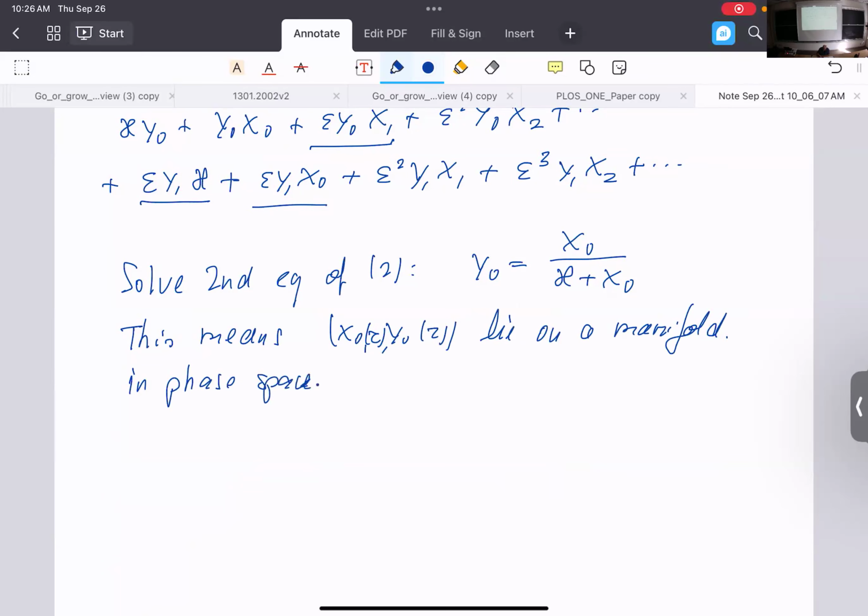Okay, a manifold is always, if you have an algebraic relation between functions, like here, y0 and x0 satisfy a relation, then they define a manifold in phase space. Let me plot this. So phase space is x and y, or in this case, x0, y0. And they're related like this. So how does this function look like? How does this manifold look like?